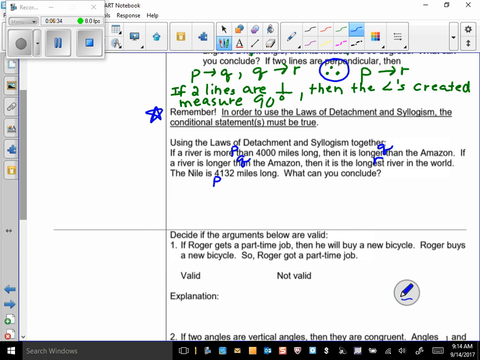So what I can conclude is R, if P, then R. So what we can conclude is, since the Nile is more than 4,000 miles long, then R, the Nile is the longest river in the world.